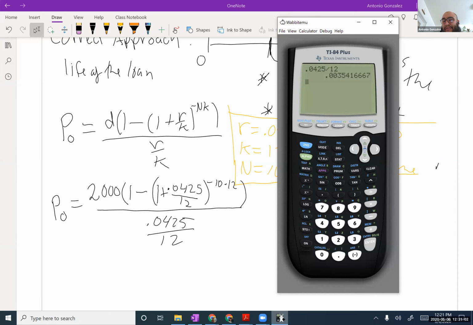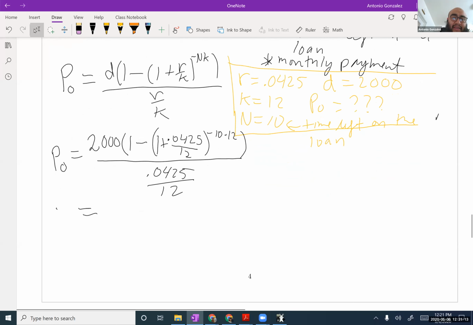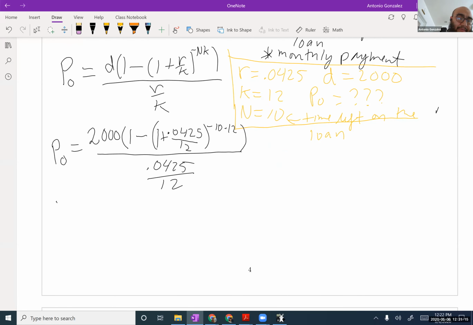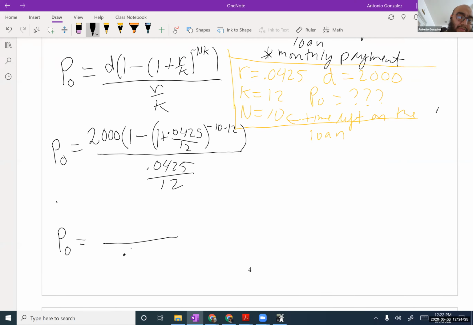More than 5 or 6 is more than enough to reduce round-off error, but I'll go with 4 place values. So the denominator was 0.0035.